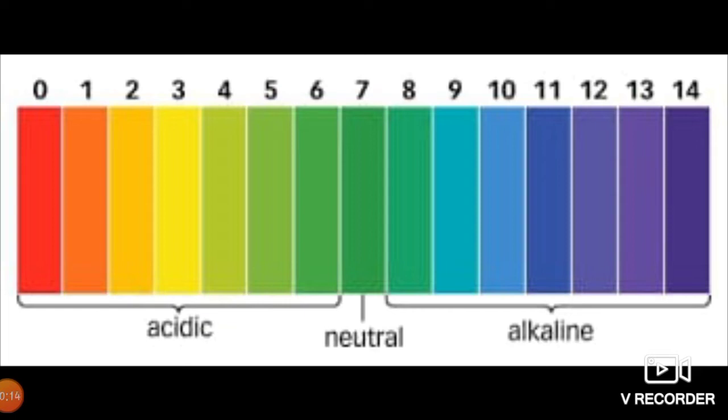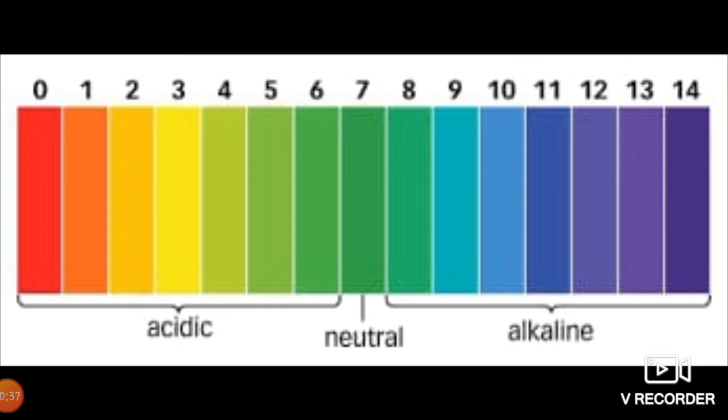Here I said that the soil has an acidic character as well as an alkaline character, right? So either acid or base. Already I told you, if the soil is fertile, it should have neutral pH. Neutral means 7 is the neutral value.